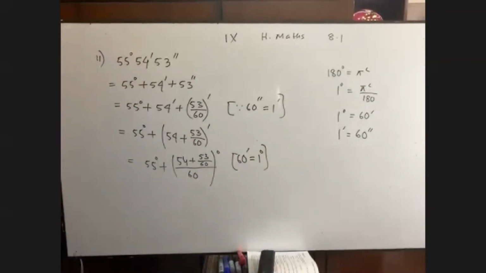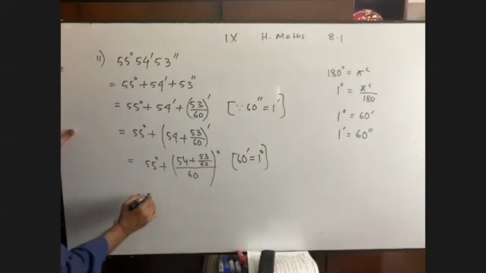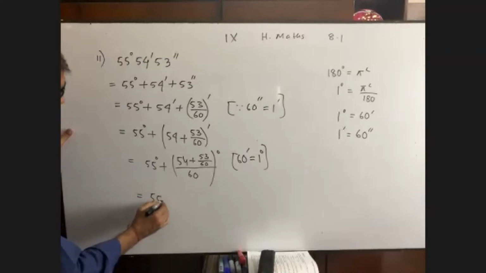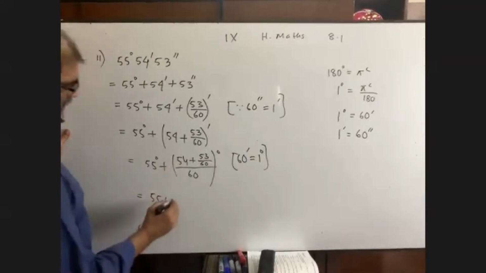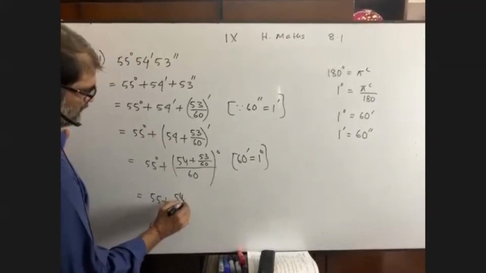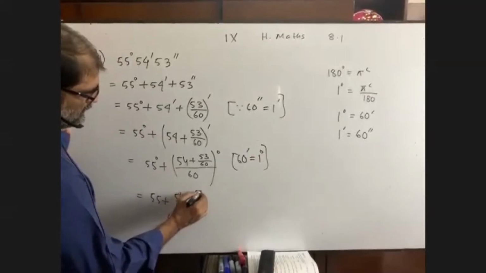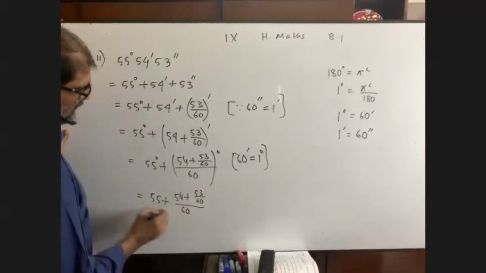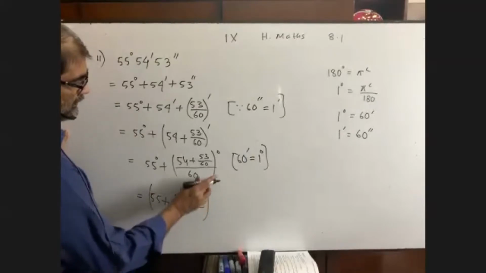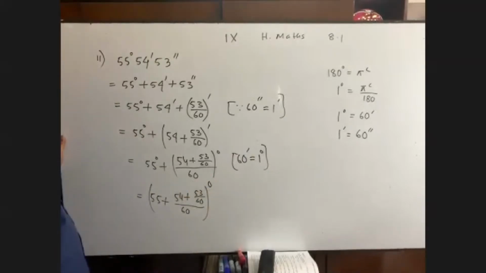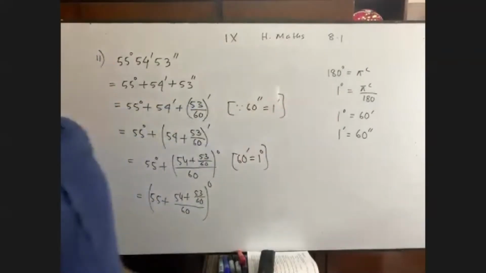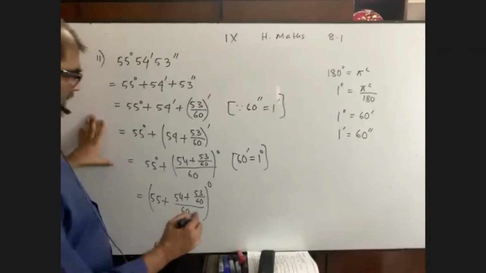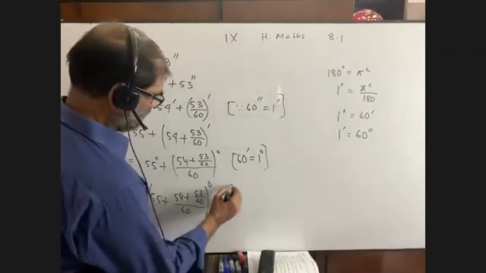Please try to understand. That means here we can write down 55 plus the same thing, 54 plus 53 by 60 by 60 wholly and fully degree. Now you have to multiply it by pi radian by 180.